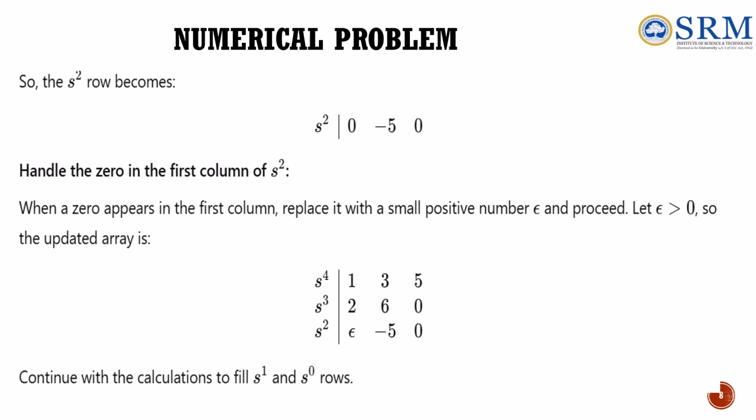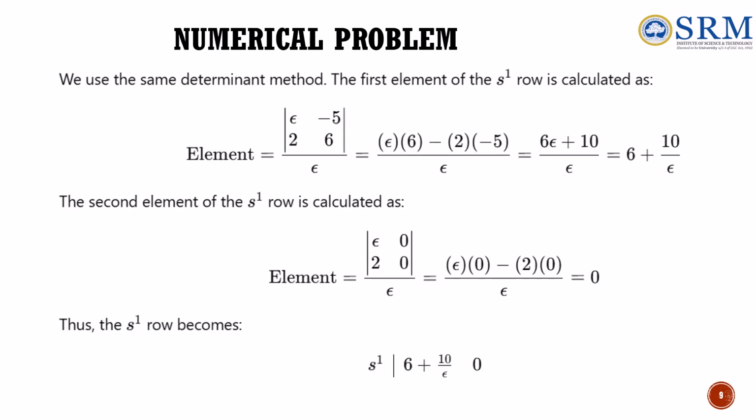Now we can continue calculating the s^1 and s^0 rows. The first element of the s^1 row is the determinant of [epsilon, minus 5; 2, 6] divided by epsilon, which equals 6 plus 10 by epsilon. The second element is the determinant of [epsilon, 0; 2, 0] divided by epsilon, which equals 0.